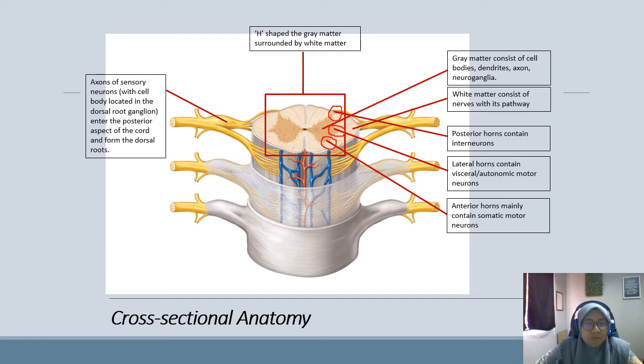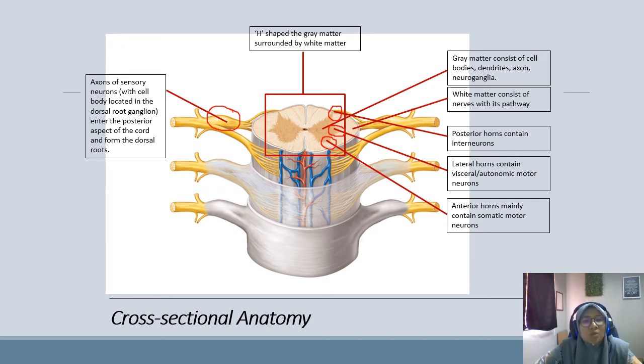Okay, look at here. Ini kita panggil akar, roots. Axons of sensory neurons with cell bodies located in the dorsal root ganglia. Dorsal is belakang. Roots yang bahagian belakang enter the posterior aspect of the cord and form the dorsal roots.